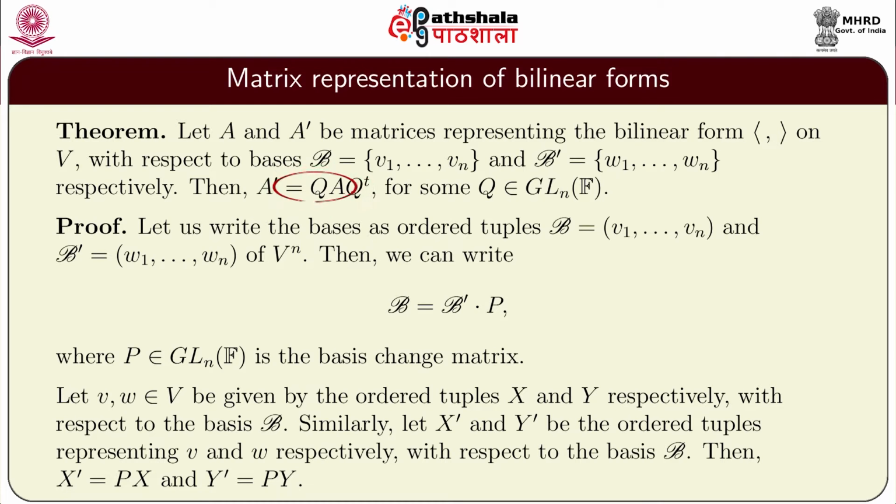Then we claim that A dash is equal to Q A Q transpose for some matrix Q in GLn(F). That means it is an n cross n invertible matrix.